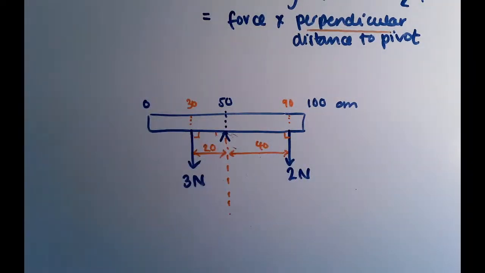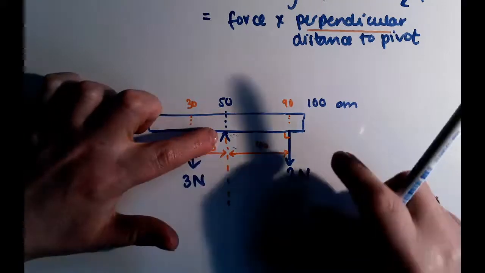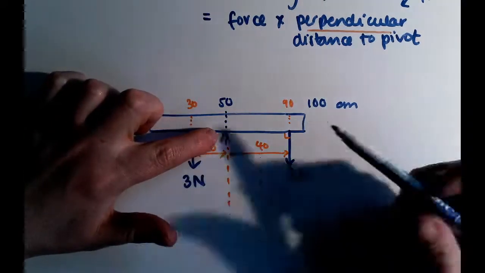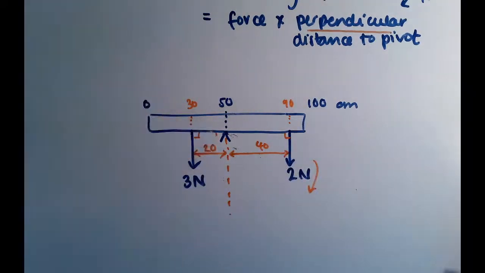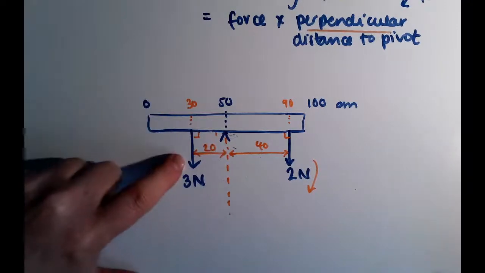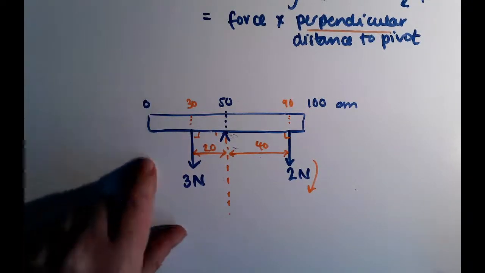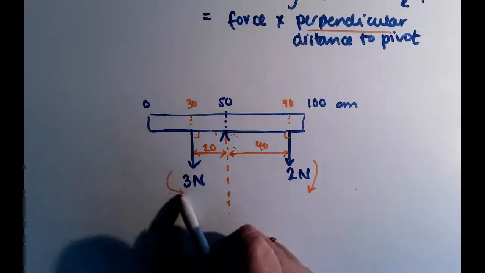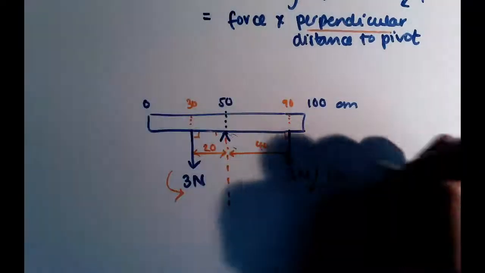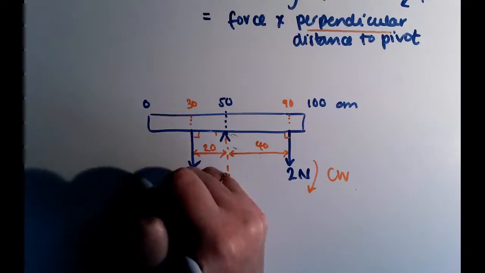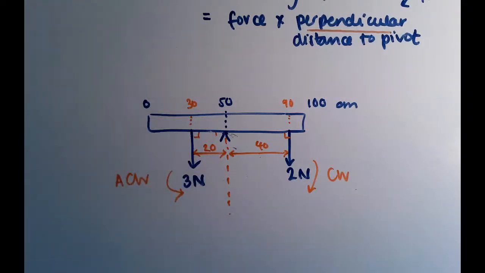Okay, so now what I also have to consider is which way the force will make something turn. If this is my pivot point and I pull down with 2, this one is going to make it turn clockwise. If I pull down on the left hand side of the pivot, this one's going to make it turn anti-clockwise. Oh, throwing a pen, sorry. So we've got clockwise and we've got anti-clockwise.